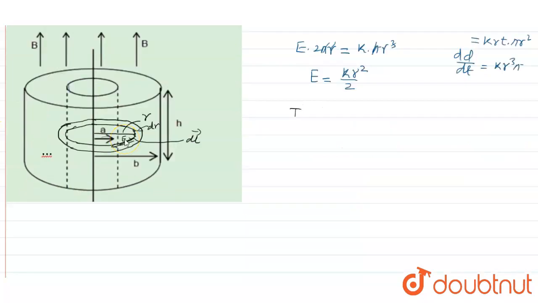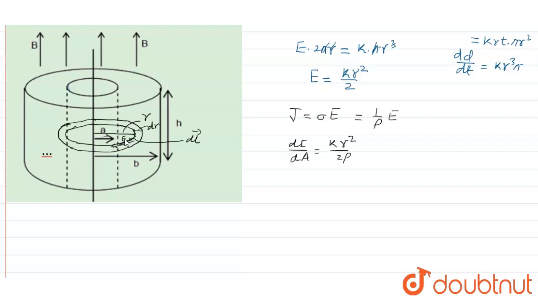And J is equal to sigma, the conductivity, into the electric field, or we can write it as 1 upon resistivity into E. So for this section we can write dI/dA is equal to, putting the electric field value, kr²/2ρ.